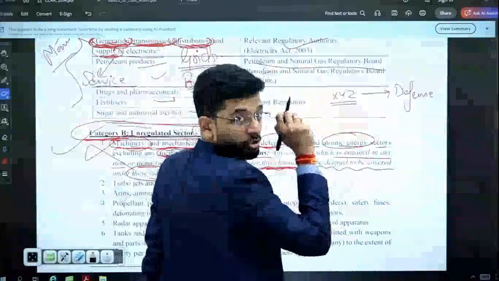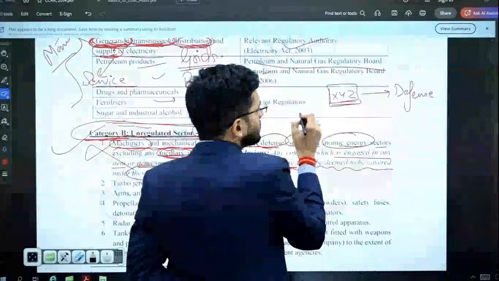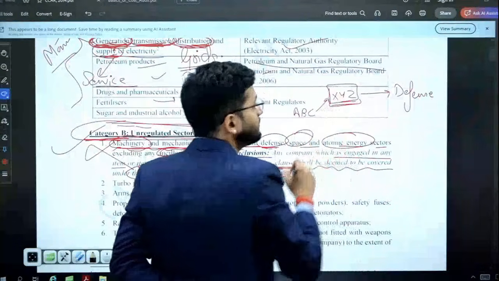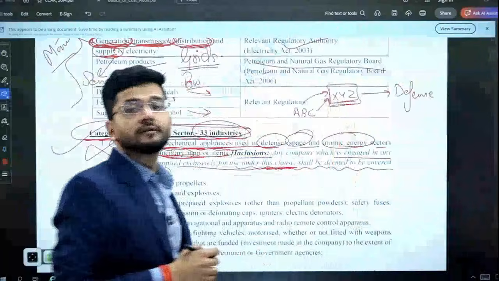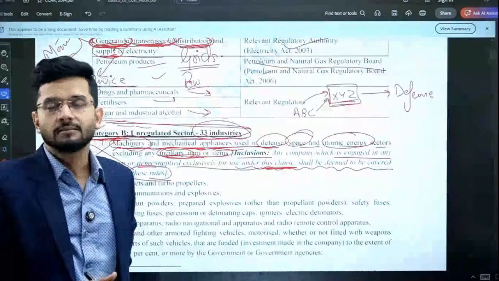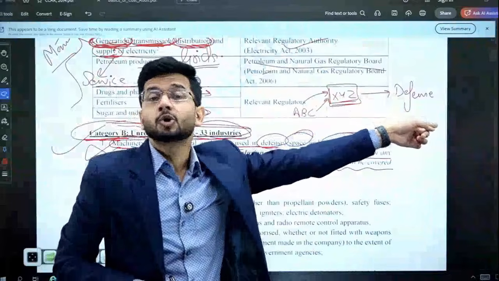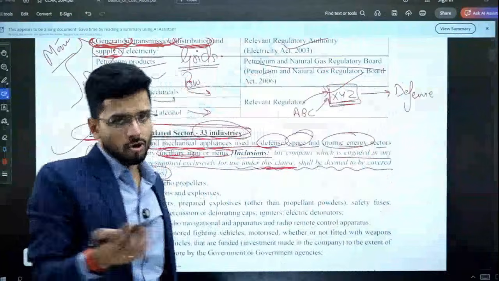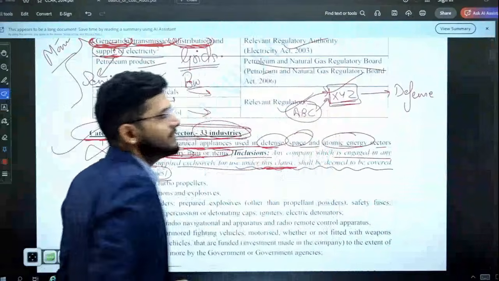Now XYZ requires some products which it has outsourced to ABC, and ABC exclusively supplies those products to XYZ only. ABC doesn't provide those products to anyone else in market, because they are specialized products which are used for defense procurement also. So obviously XYZ is covered under the rules for sure, no doubt about it. Even ABC is also covered under the rules.